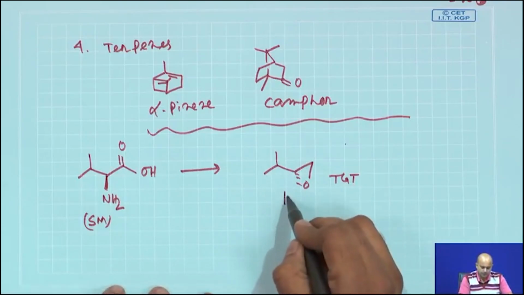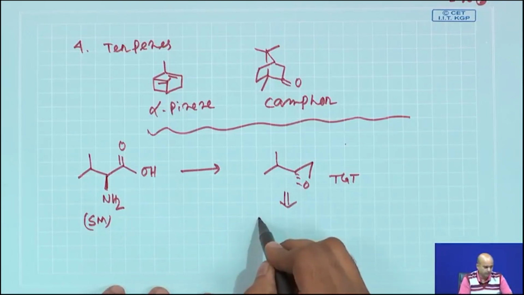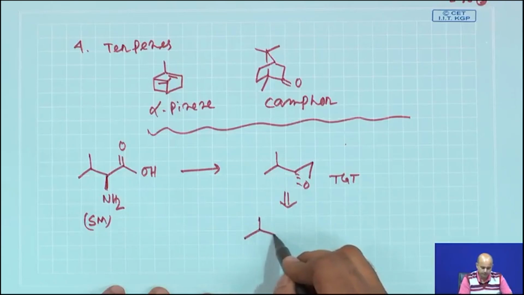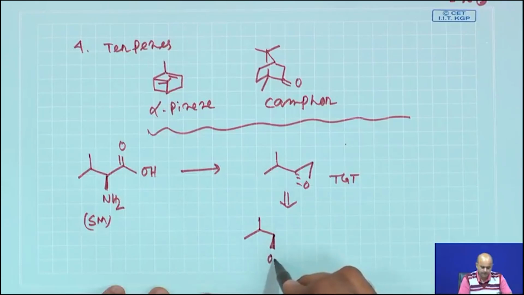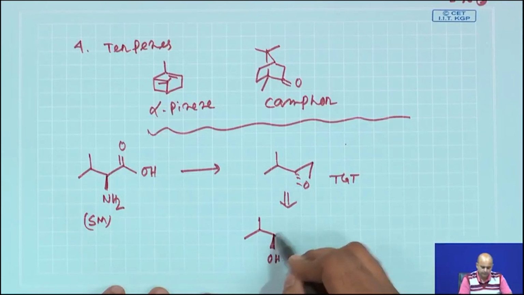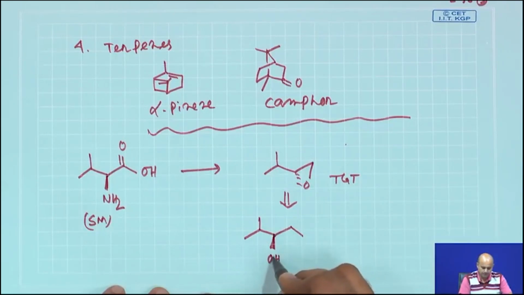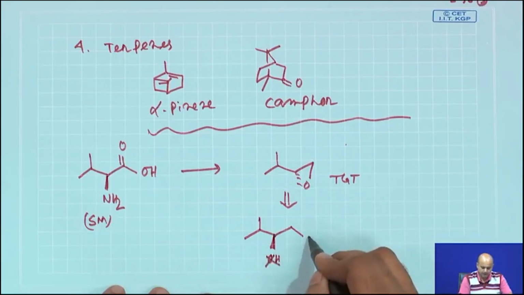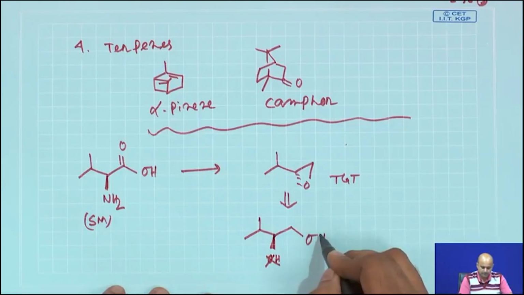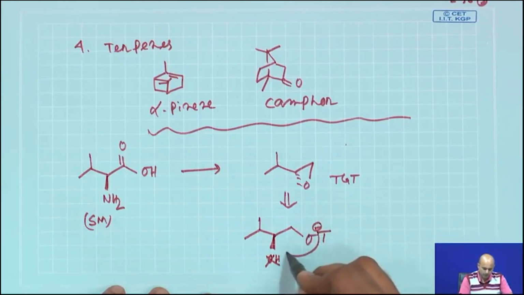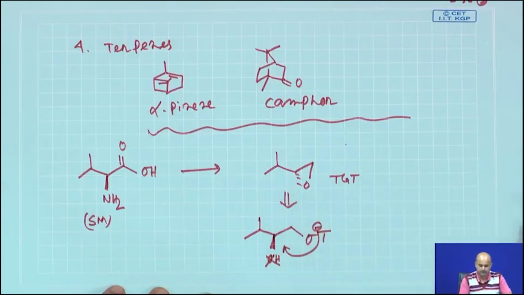A simple retrosynthetic pathway you can think of: if you have some leaving group here and put O minus here, you can immediately close this ring with inversion of configuration.